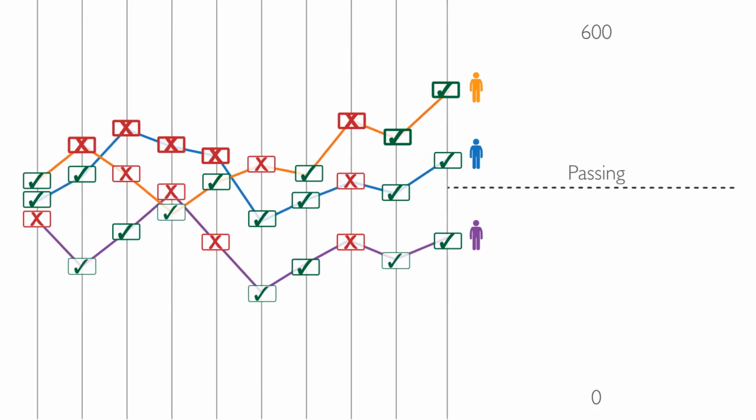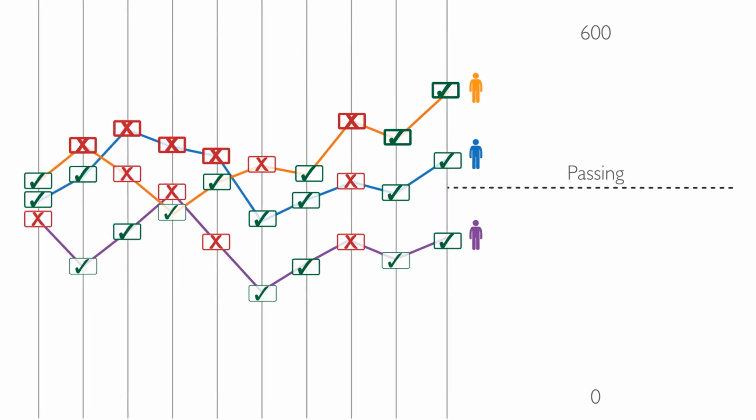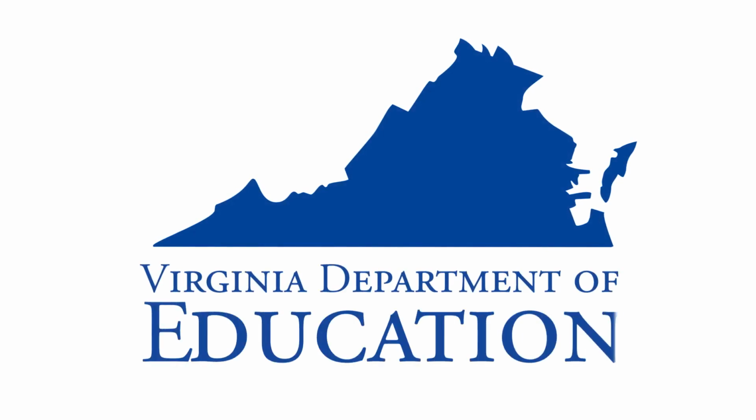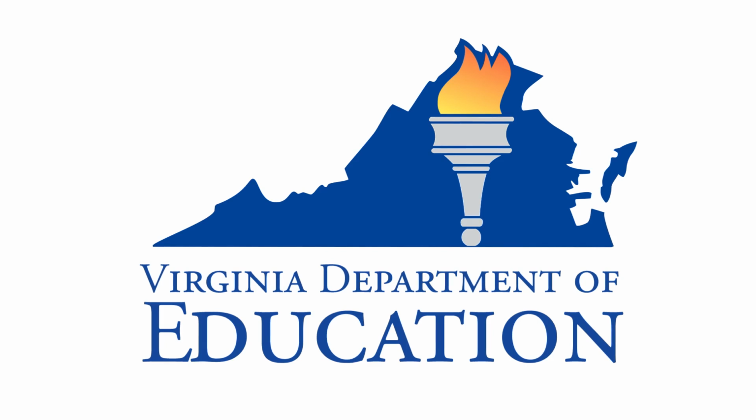In our example, 2 students scored above the minimum passing score, while 1 student's performance is below the minimal standard. The addition of computer adaptive testing to the Standards of Learning Assessment Program demonstrates the continued commitment of the Virginia Department of Education to provide the best test-taking experience possible for students and to provide teachers with reliable student achievement data.